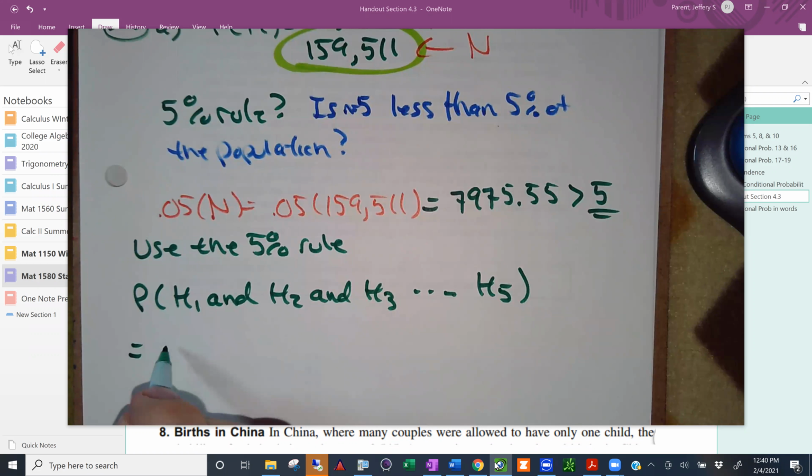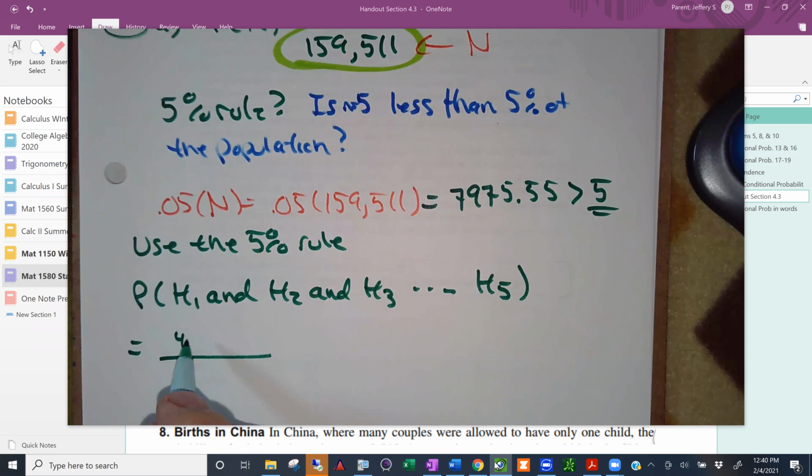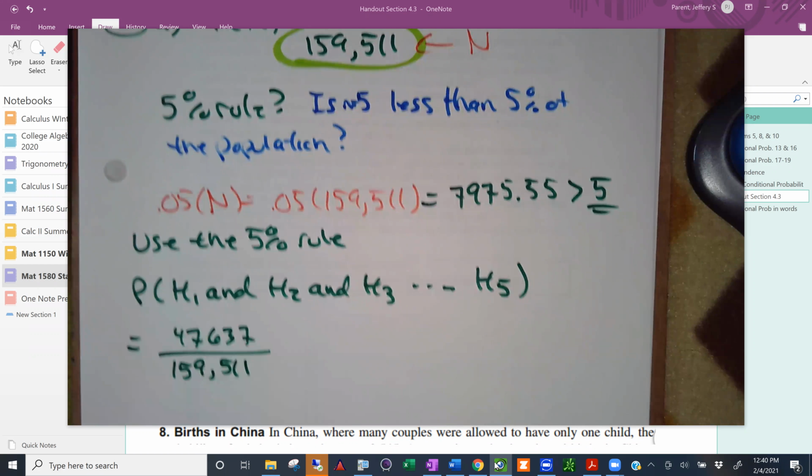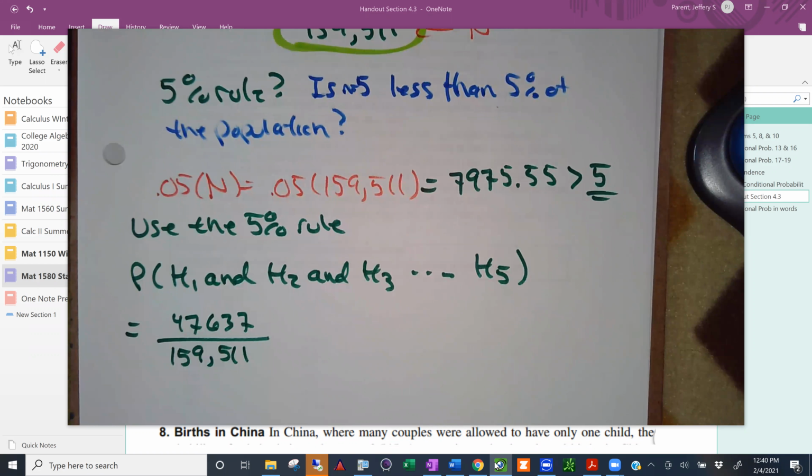The probability that the first one drawn used a helicopter to be transported would be 47,637 over 159,511. Now keep in mind we're sampling without replacement.